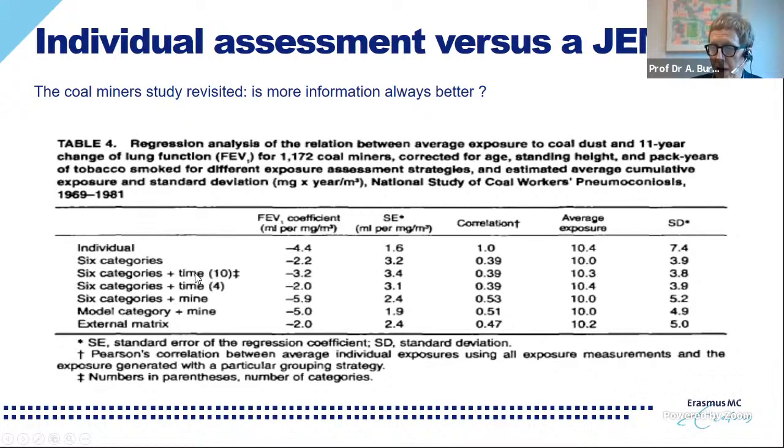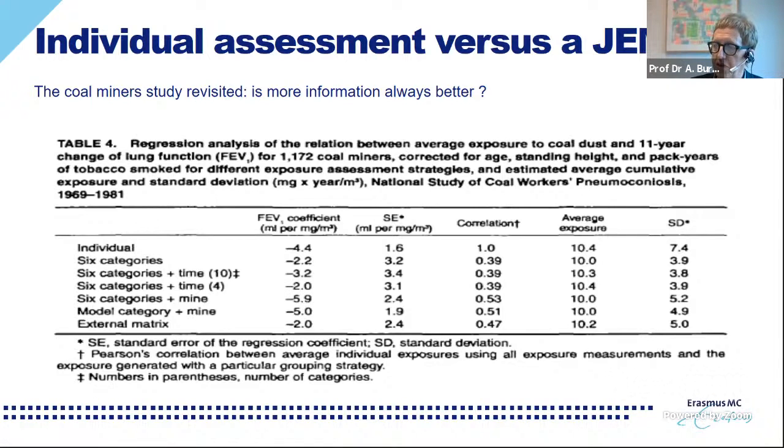If you add the time, different strategies, 10 periods or 4 periods, you see that if you add the 10 periods to the 6 categories, it indeed contains value of information, and the exposure response increases again a little bit, but at the expense of a very large standard error. Another definition of time, exposure response drops, but here we get the interesting one.